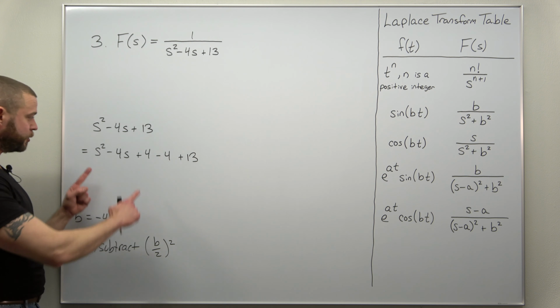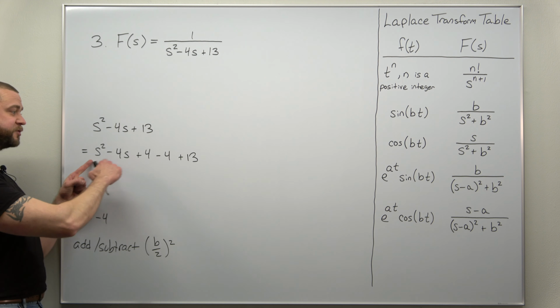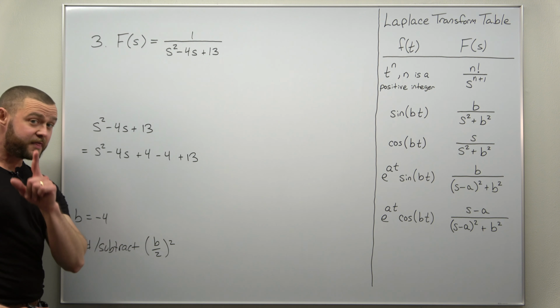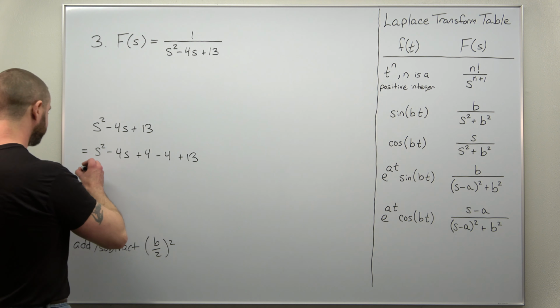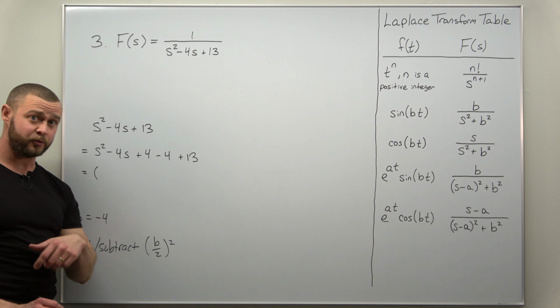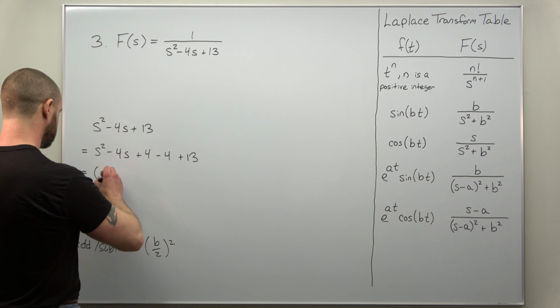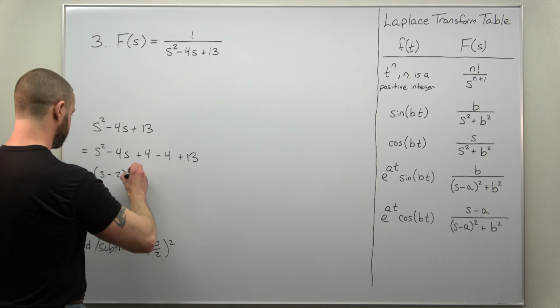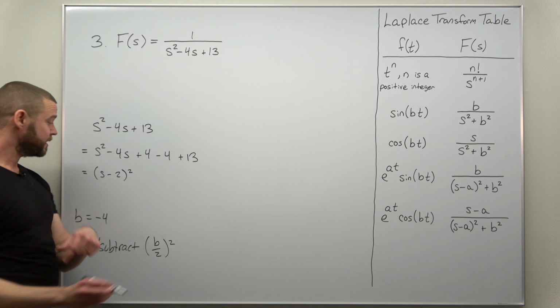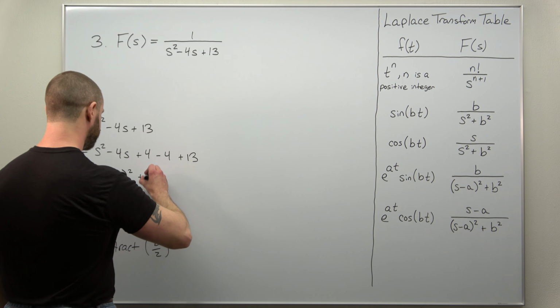And what this does for you, usually the first 3 terms there, you can write them as a perfect square, and the first 3 terms do factor. And it looks like that's going to factor as s minus 2 squared. And then you have your remaining numbers, negative 4 and 13. Those can be combined to give 9.